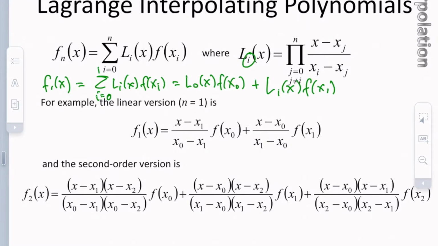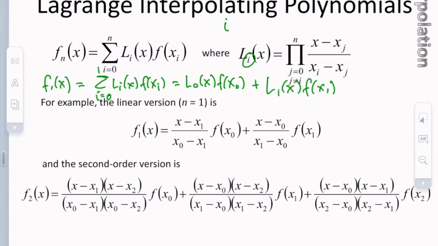So if i is equal to 0, then this equation will have x minus x naught divided by x naught minus x naught. But according to this should not be allowed, so we ignore that. Then we go to the next term, which is x minus x1 over x naught minus x1. And that's what we have here.